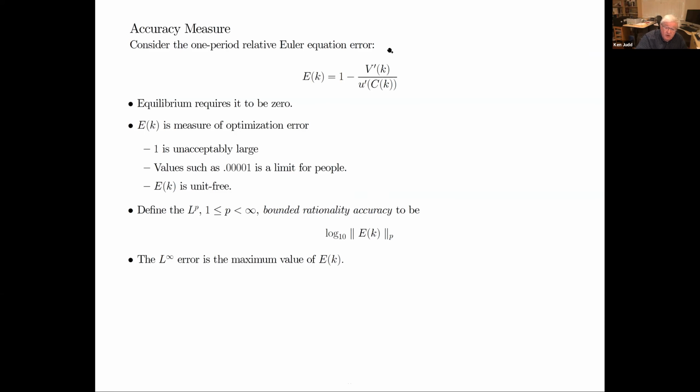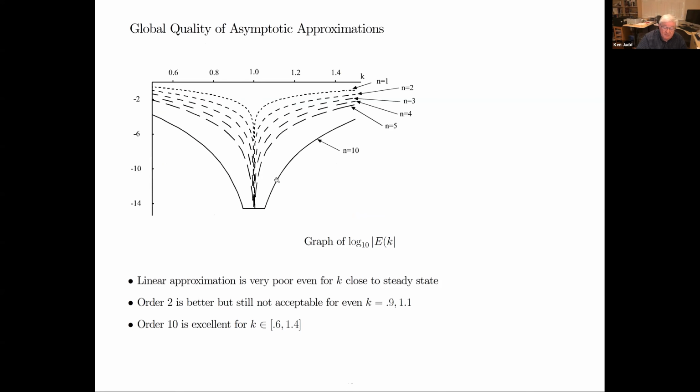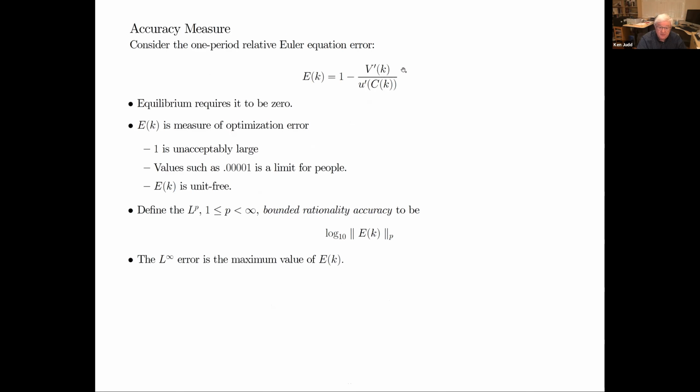Now, since marginal utility of consumption should equal marginal value of the capital stock, we do the error checks. And this is the picture. This, by the way, is a picture you're going to see many times. Here, this is log base 10 of the normalized Euler equation error, a relative Euler equation error.